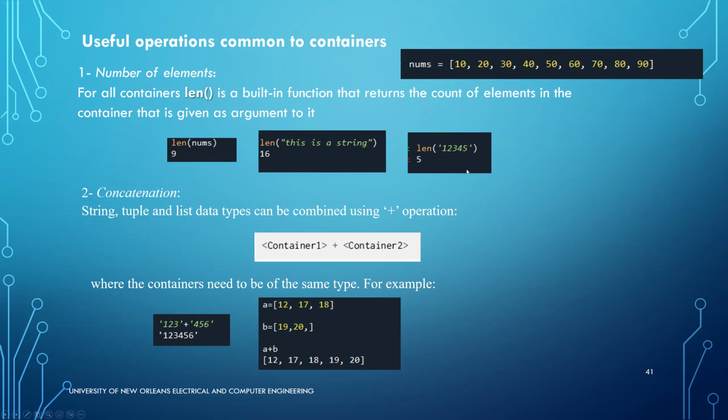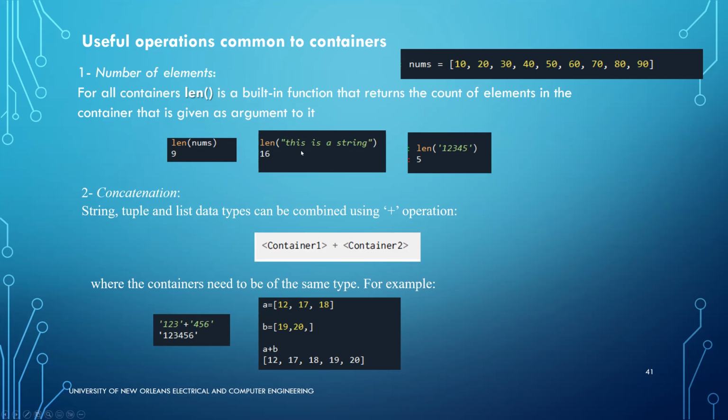This function returns the count of elements in the container that is given as an argument to it. So for example, this is our nums list. If we use len with parentheses and the name of the variable, then we get the size, or the number of elements, in the nums list, as you can see.